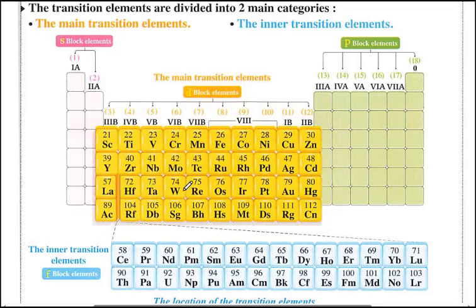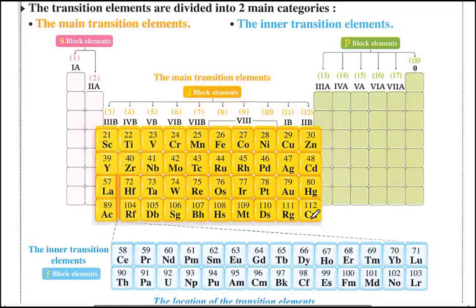The third transition series starts with lanthanum 57, 6s2 and 5d1, and ends with 6s2 4f14 and 5d10 in mercury 80. And the fourth main transition series starts with actinium 89, 7s2 and 6d1, and ends with copernicium, 7s2 5f14 and 6d10.